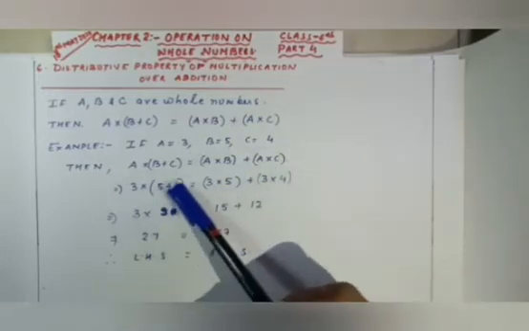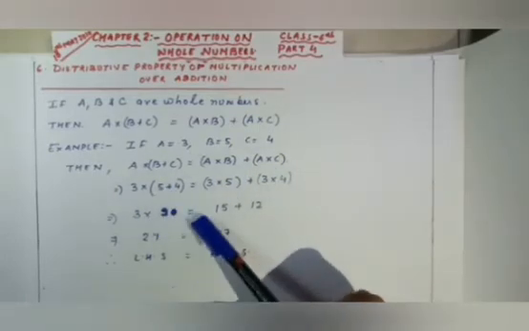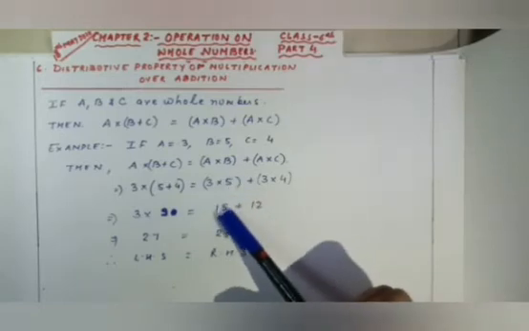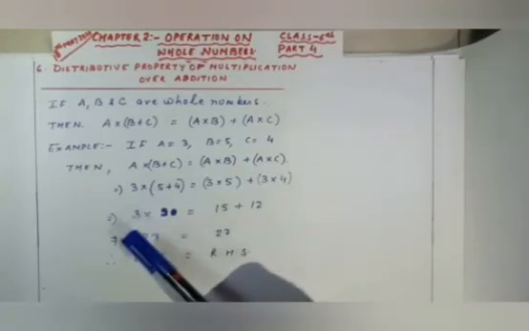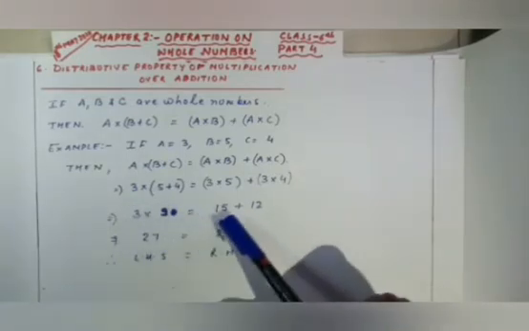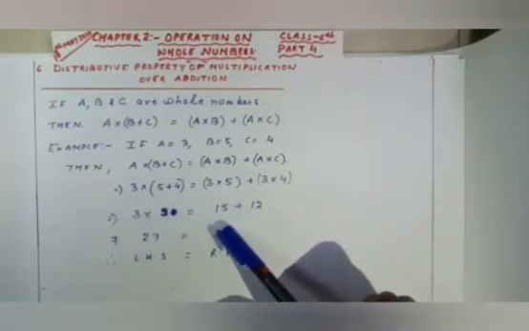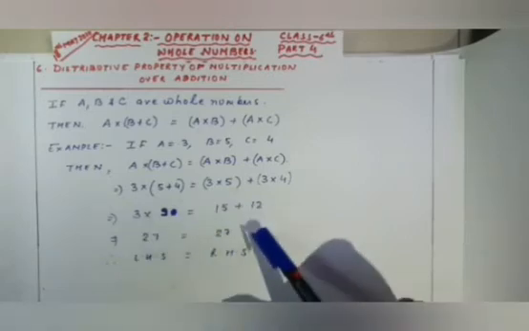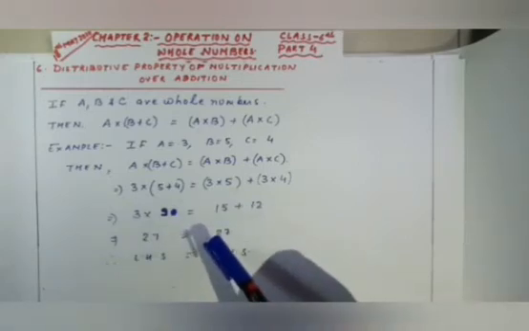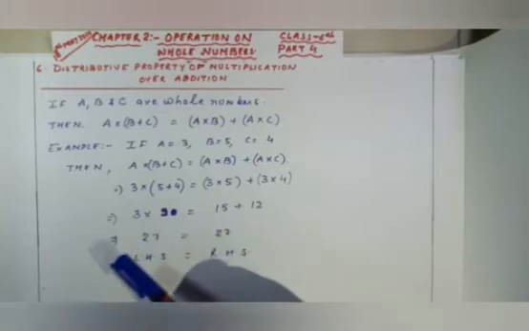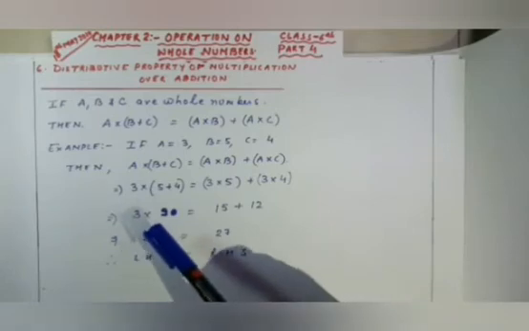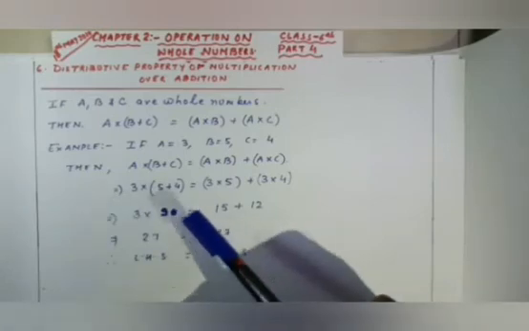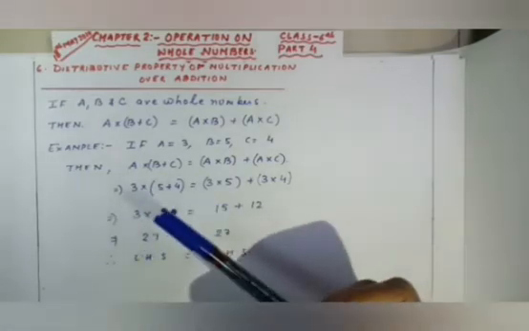So 3 into 5 plus 4 makes 9, is equal to 3 5s are 15 plus 3 4s are 12. So 3 9s are 27 is equal to 27. You can see both LHS and RHS are equal. If you have to prove it, then you have to prove both LHS and RHS are equal. It is a must to prove that LHS is equal to RHS.